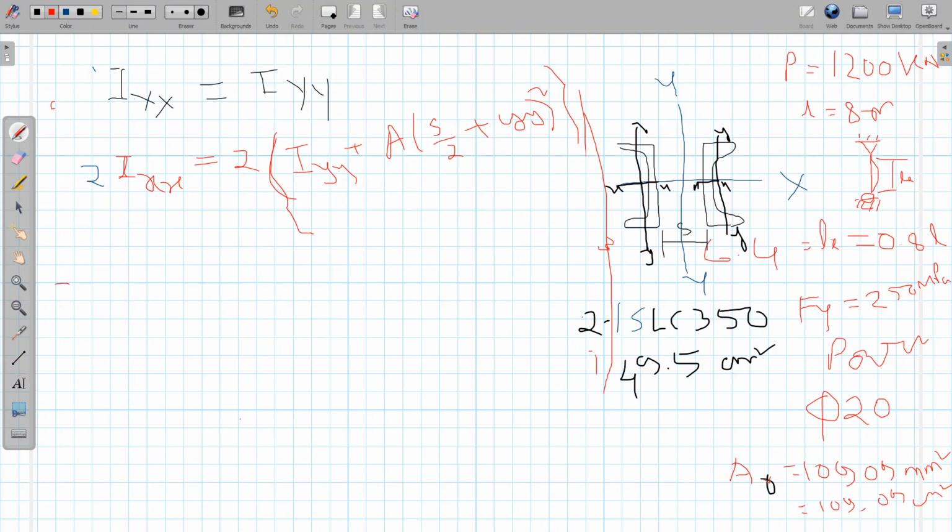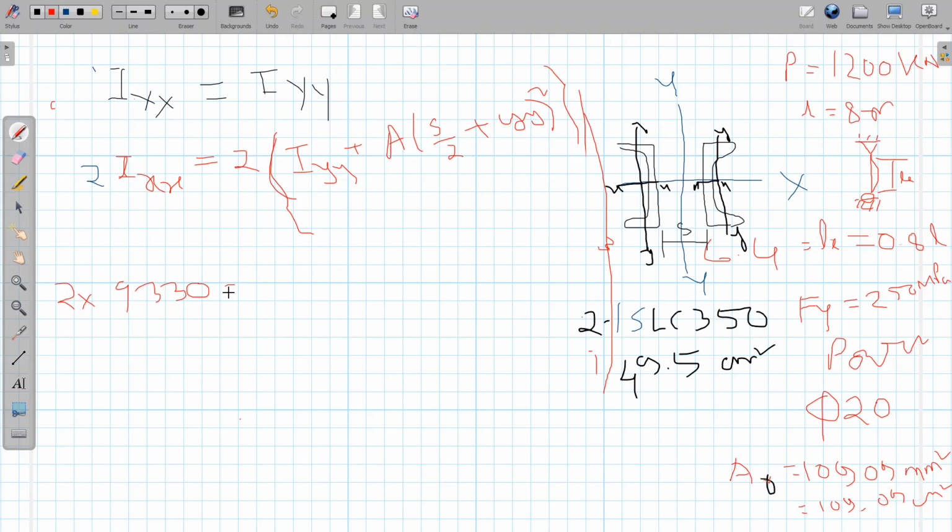If you go to the steel table, you will find the corresponding values. 2 into the moment of inertia about the x-axis, given in the code book as 9330 in cm to the power 4.